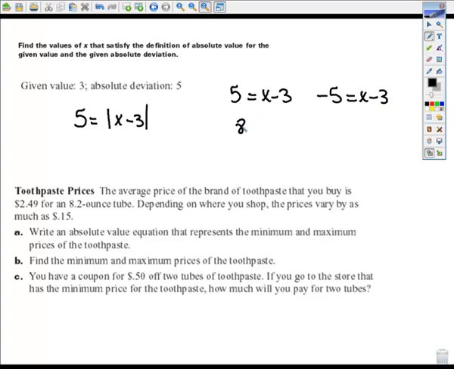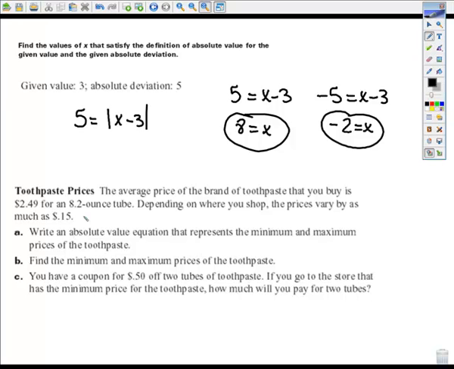If I add 3 here, I get an 8. And if I add 3 here, I get a negative 2. So in this case, this satisfies this information.